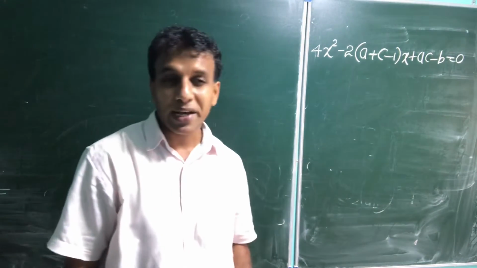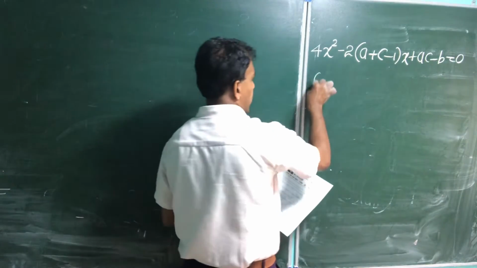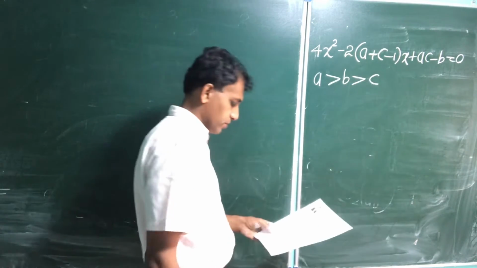A is the biggest, b is the medium, c is the smallest. A greater than b greater than c, right?